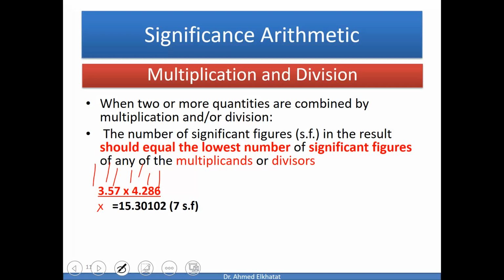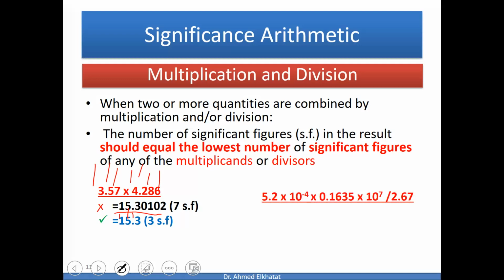So when you calculate it, for example on your calculator, you will get this value. Okay, but I need only 3 significant figures. That means 1, 2, 3. Okay, so check the 0. So 0, I can make rounded down, so it will be only 15.3.